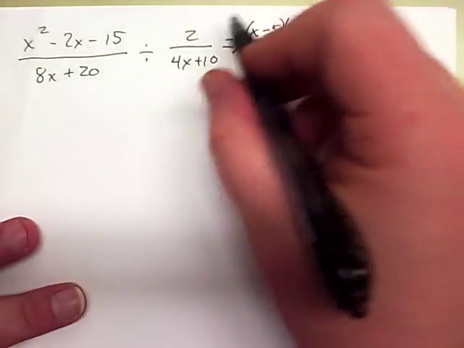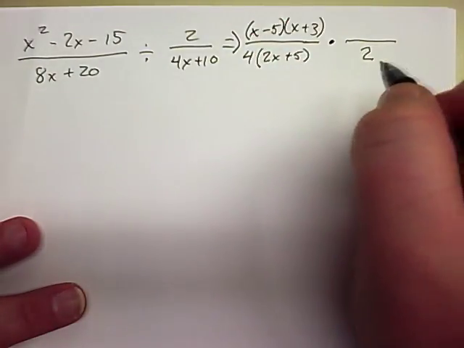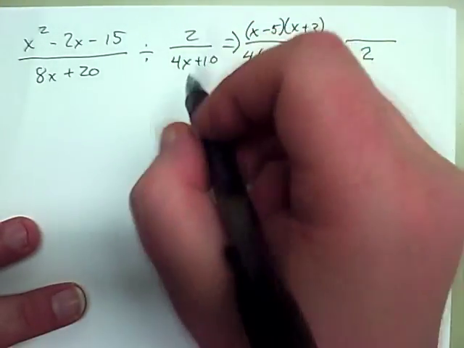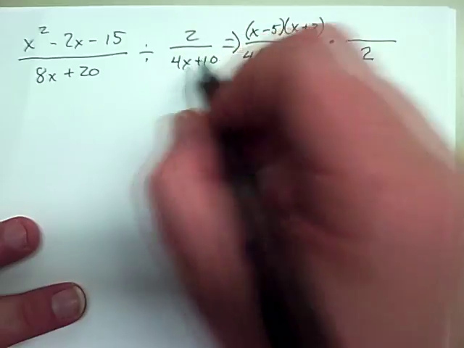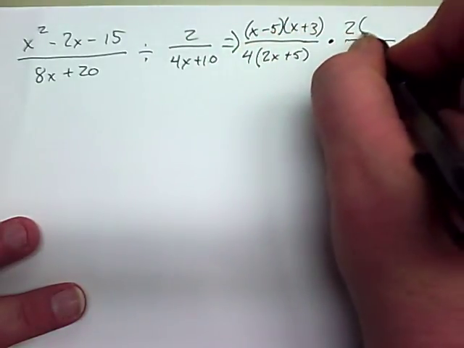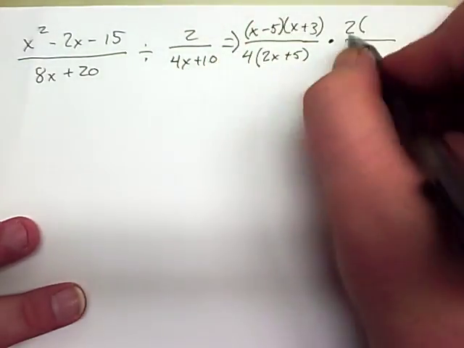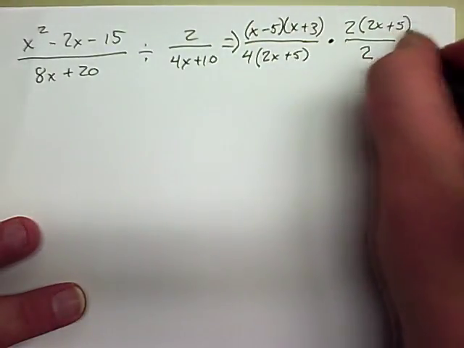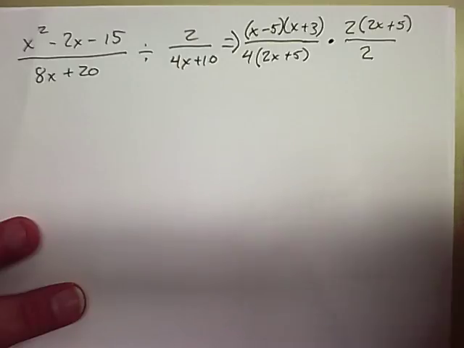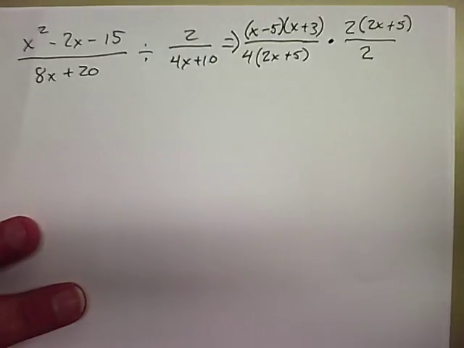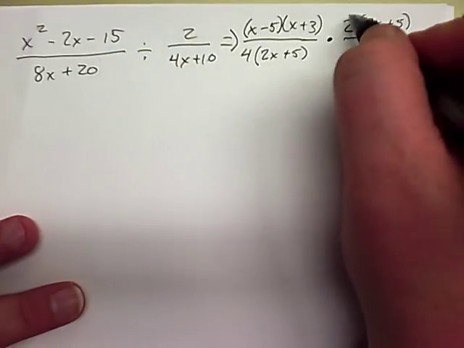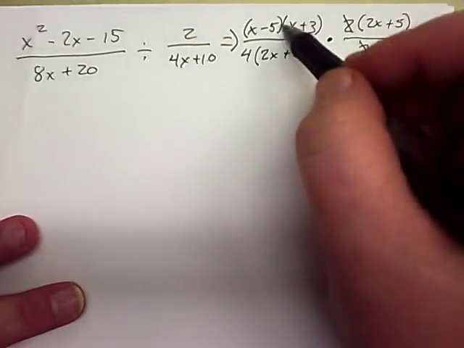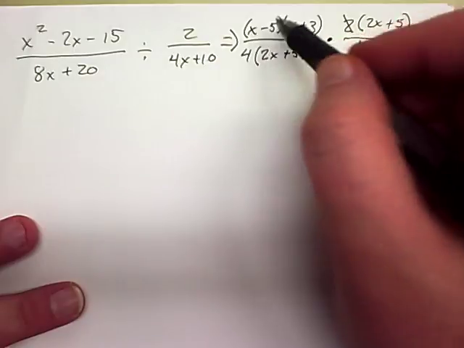So the 2 is no longer on top, he's now on the bottom. 4x plus 10, my greatest common factor here is a 2, so I can bring a 2 out. And 4x divided by 2 is 2x. 10 divided by 2 is a positive 5. And now I'm going to see, where can I cancel? Well, the clearly obvious one is these 2's right here. Do I have an x minus 5?